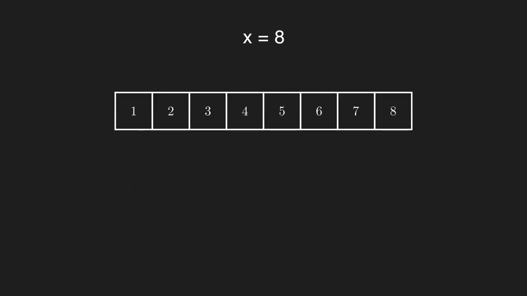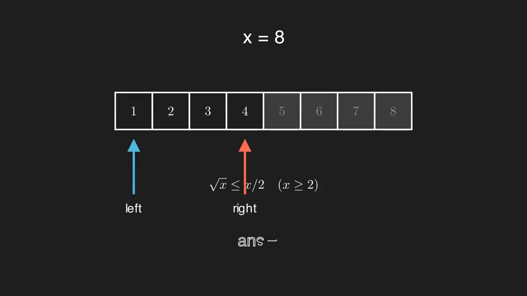Let us dry run the optimal binary search algorithm using our target x equals 8. First, we must establish our initial search boundaries. What is the smallest possible integer square root? For any x greater than or equal to 2, the square root is at least 1. So, our left pointer starts at 1. What is the maximum possible value?